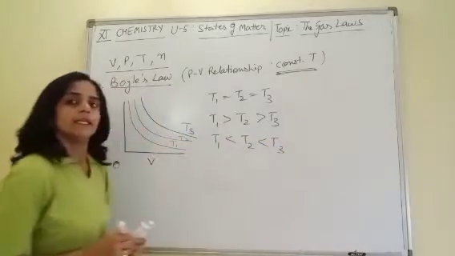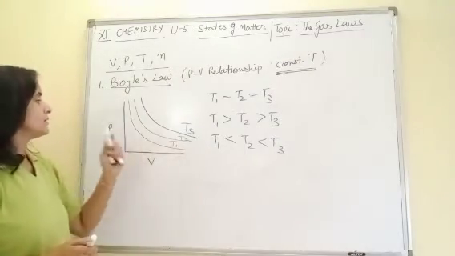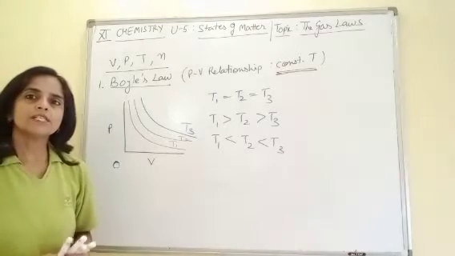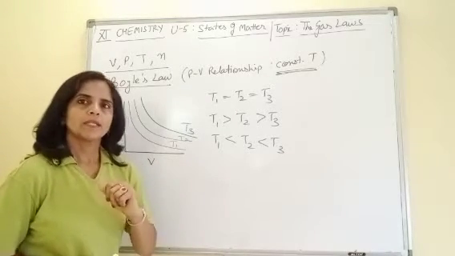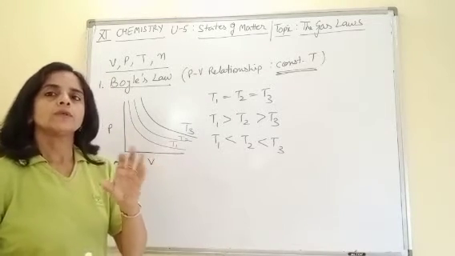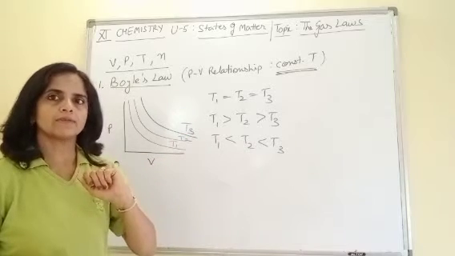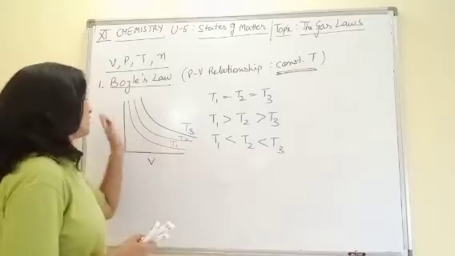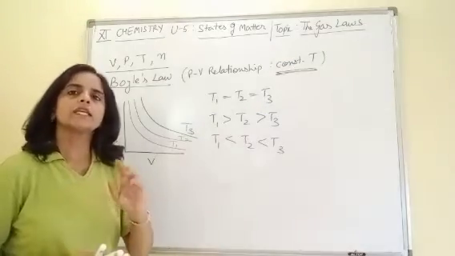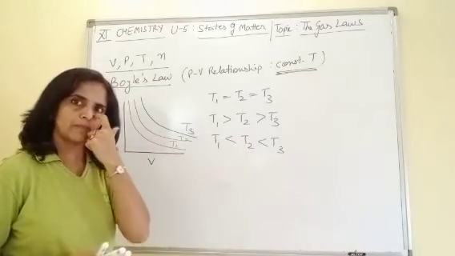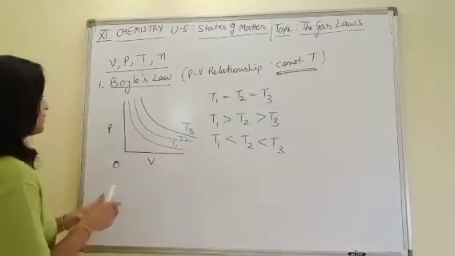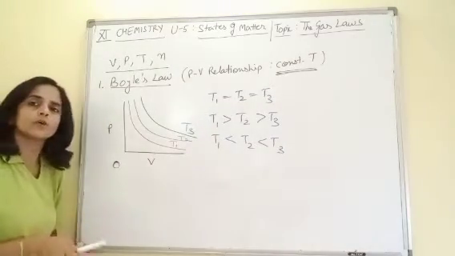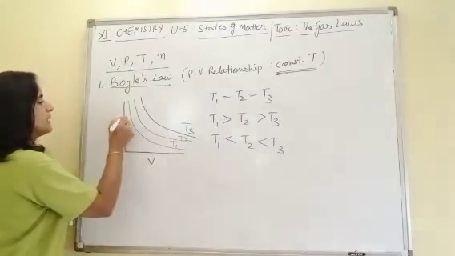Now children, in this case, all three are variables: pressure, volume, temperature. In the previous graph, we were keeping temperature constant. That was so easy to relate. But here also very simply we can relate when three variables are given. Keep any variable constant. Like if I am keeping pressure constant, for example, I am taking this pressure.